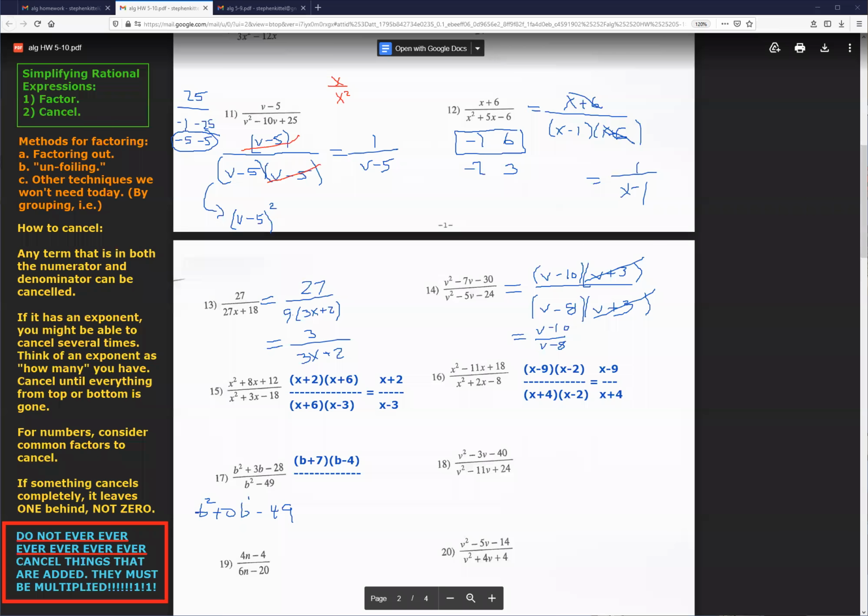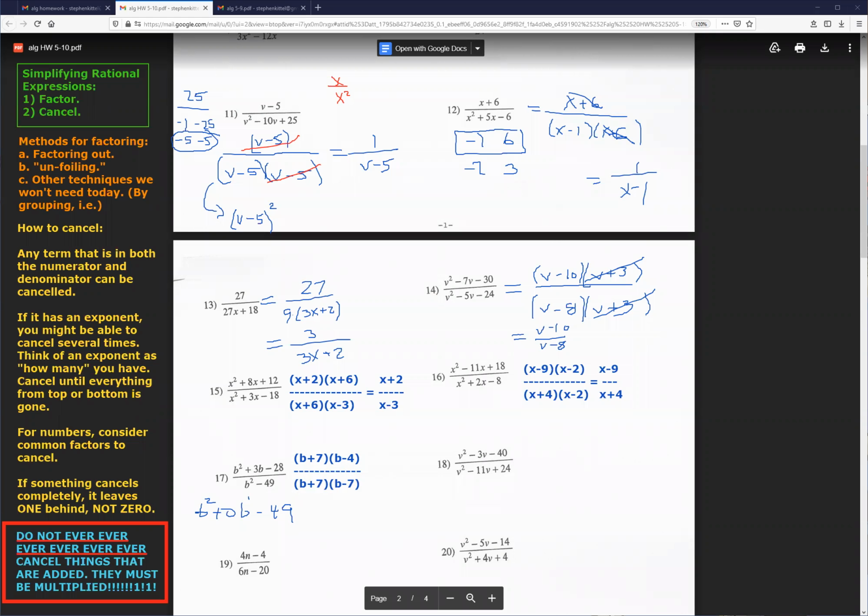And if you think of it that way, the answer should be pretty quick to you if you didn't immediately jump up and down screaming, that's b plus 7, b minus 7. Because if you do the FOIL on b plus 7 times b minus 7, you'll see that you get b squared minus 7b plus 7b, oh, those canceled out, minus 49. This is the only way for that to happen.